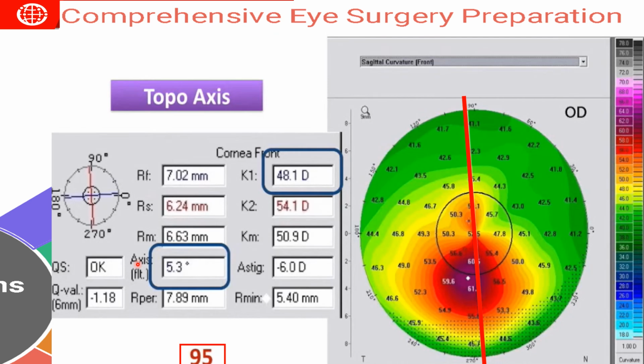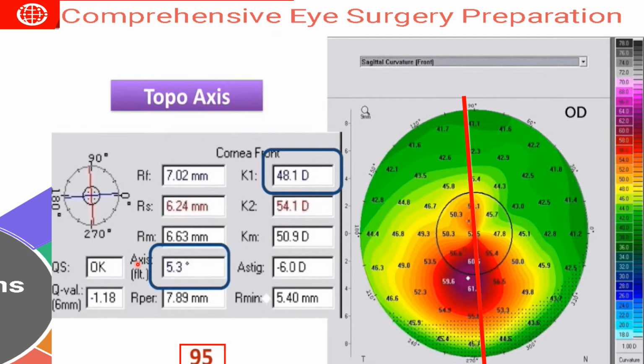We have to determine the topographic axis by looking to the tangential map, the location and shape of the cone by looking to the elevation map, and the thickness of the cornea centrally as well as in the area of the tunnel by looking to the pachymetry map. These are the needed information while we are planning for the intracorneal ring implantation.